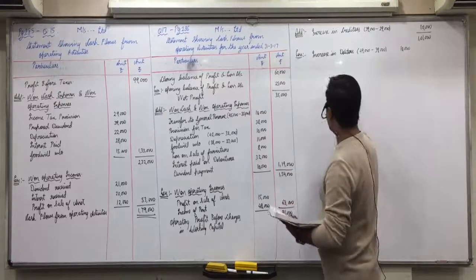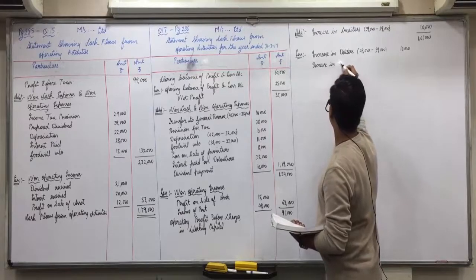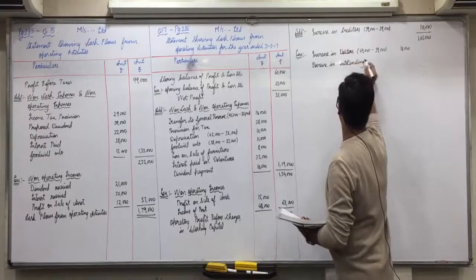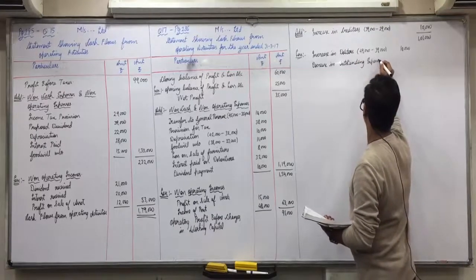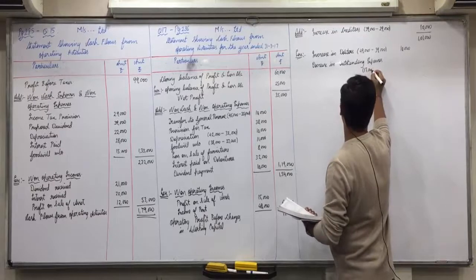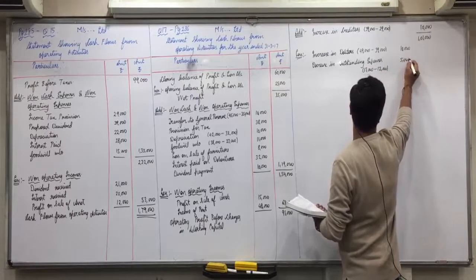Then decrease in outstanding expenses, $17,000 minus 12,000, 5,000.